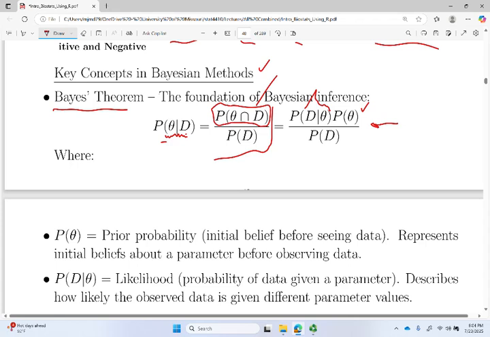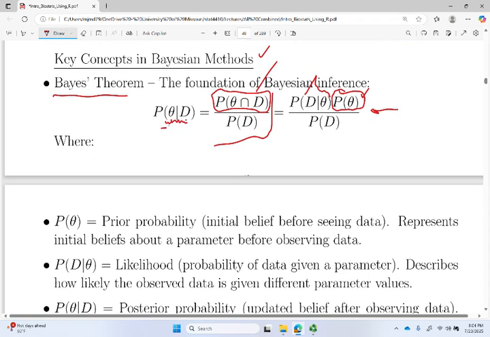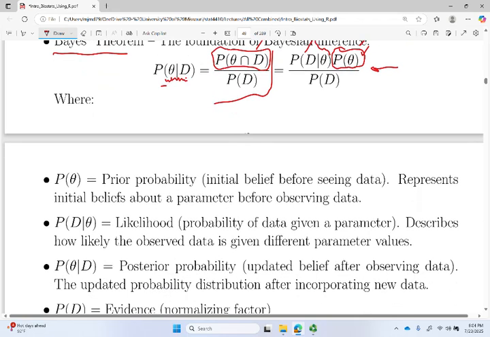But in the Bayesian framework, this piece right here is called your prior probability, because here we think of theta, the parameter of interest, as a random variable. And so this is our prior probability going into the experiment. And then this is the likelihood.